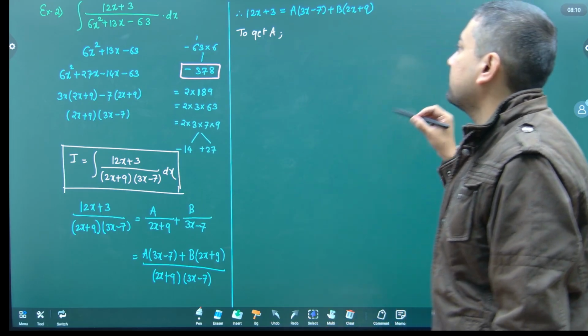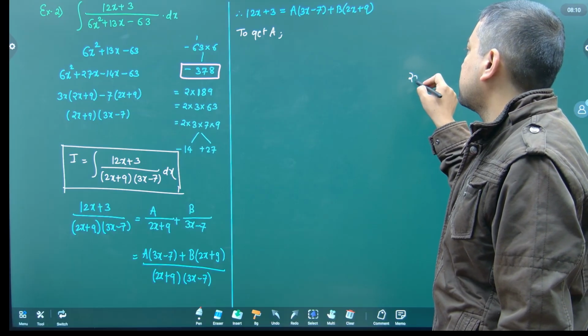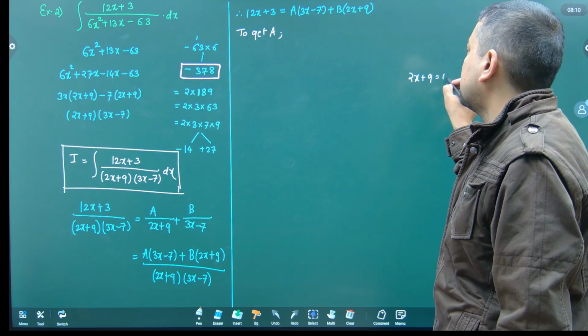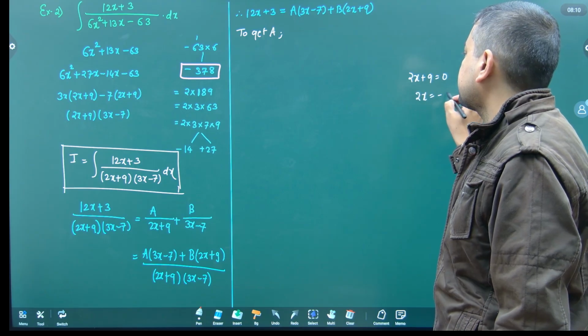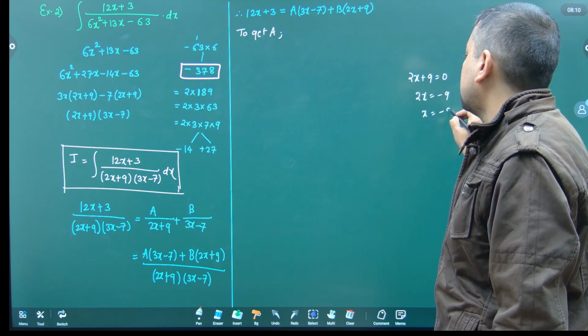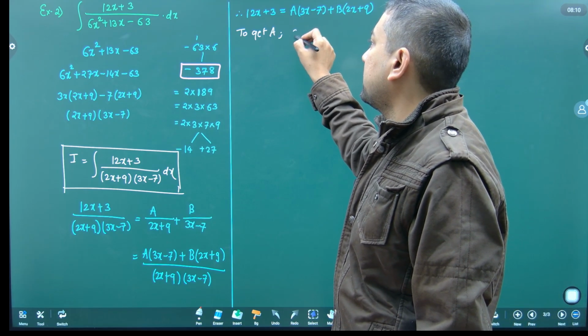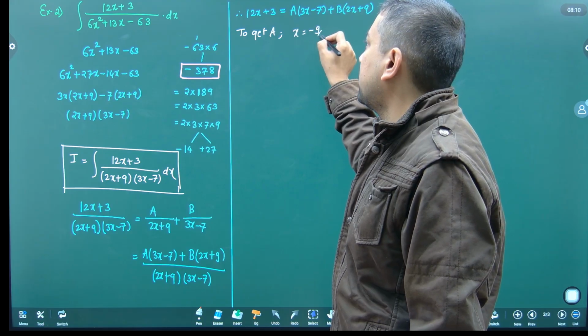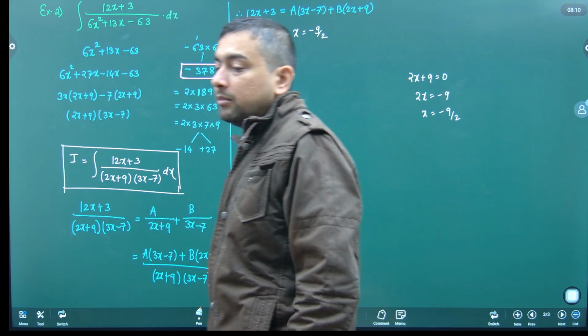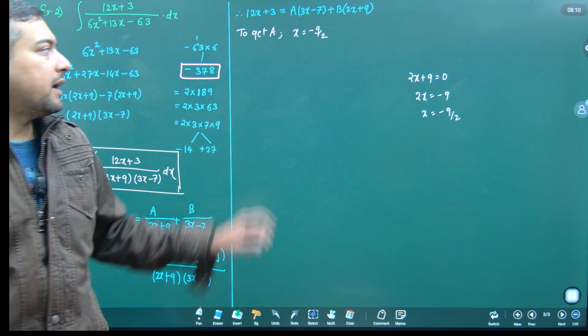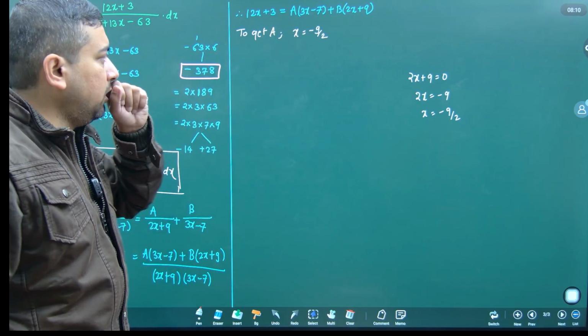The B term gets 0 when 2x plus 9 is 0. What about x? Minus 9 by 2. So when you put x equal to minus 9 by 2, the B term will get 0 and you can find the value of A.